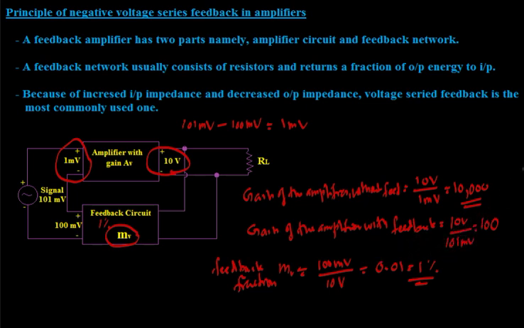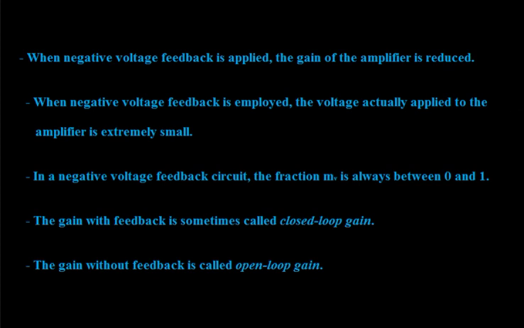So now the following points may be noted. When negative voltage feedback is applied, the gain of the amplifier is reduced. In negative voltage feedback, remember that the voltage gain is decreased and the current gain remains unaffected.